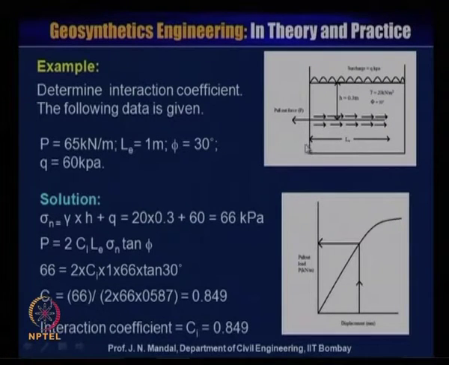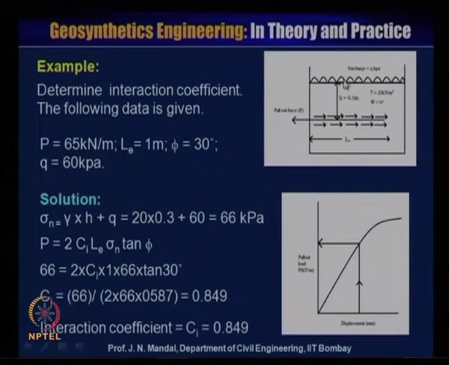This length is equal to Le, and this is the height. Height is about 0.3 meter, and gamma, unit weight of soil, is 20 kilonewton per meter cube, and phi is equal to 30 degree, and surface pressure Q is given as 60 kilopascal. Height is given, that is 0.3 meter.